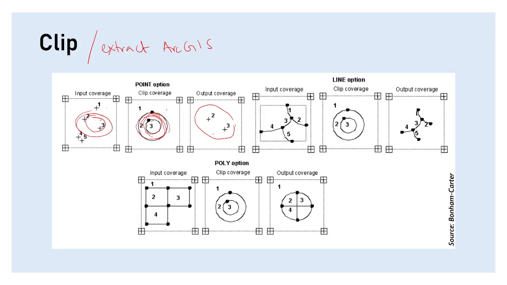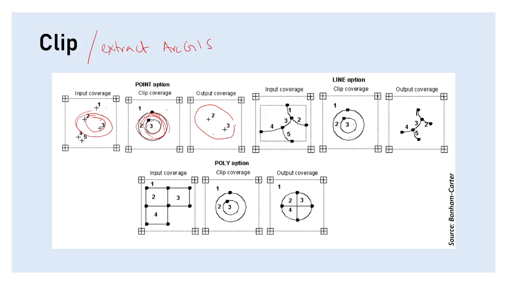Then you have the line option. So here the input coverage has polylines like 1, 2, 3, 4. These are the points, and then you have polylines. And the clip coverage is the same as in the case of the point option. Same thing you are using here.